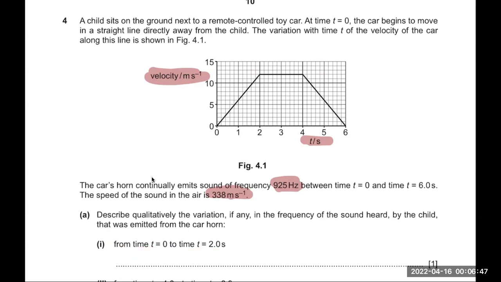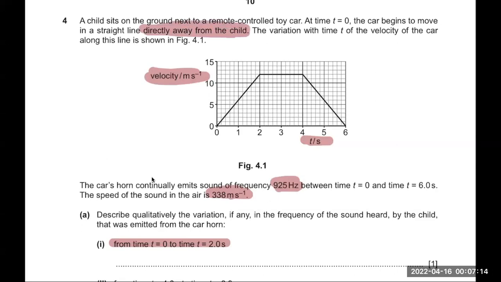That's the first part. Now, this is a question on the Doppler effect. There's relative motion between the car, or the source of sound, and the child sitting on the ground. One thing they've told us is that the car begins to move in a straight line directly away from the child.